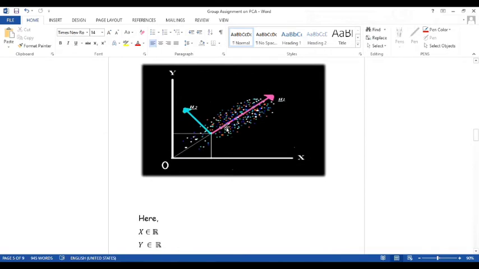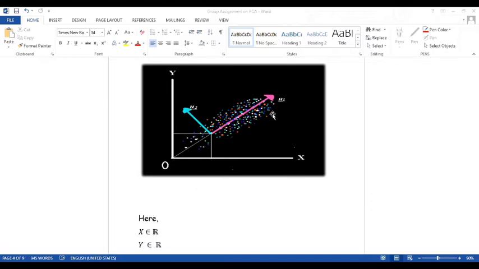From this graph we learn that u1 is the first vector and u2 is the second vector. u1 represents the vector in which the variance is maximized. For the u1 vector, the variance starts from here and ends here, as long as the data exists. For the u2 vector, the variance is from here to here.